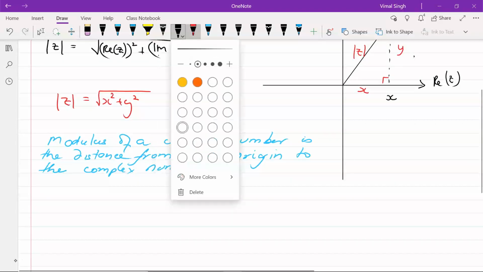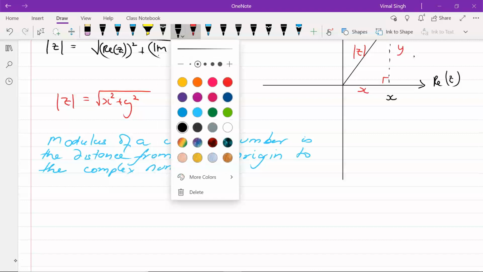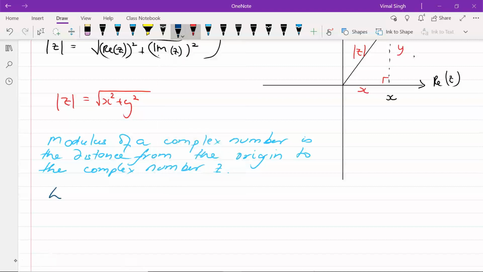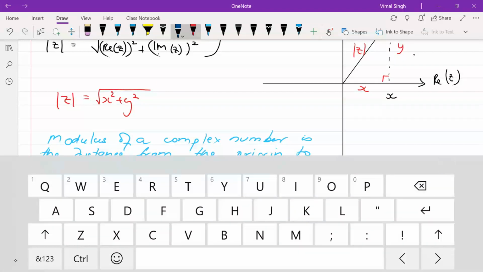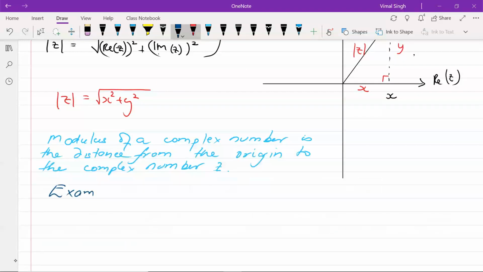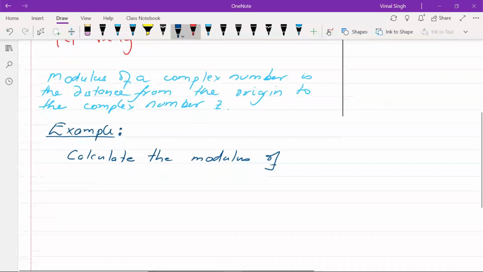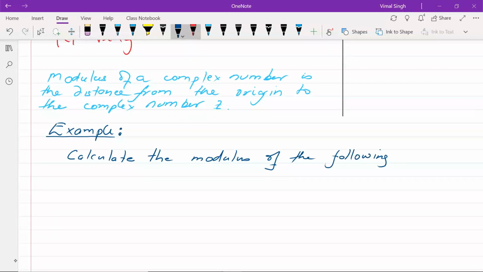Example. Calculate the modulus of the following complex numbers.